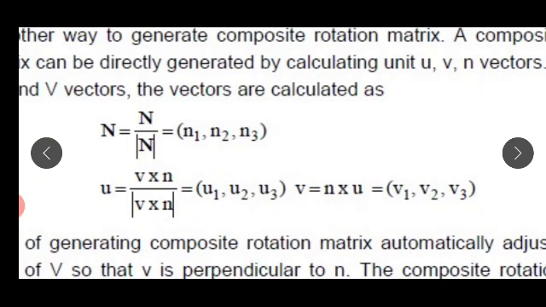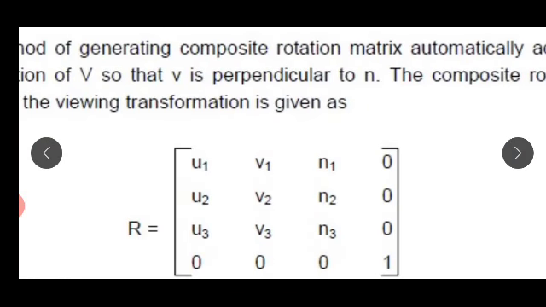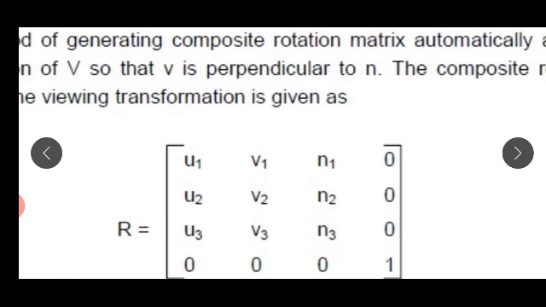Similarly, u is equal to v cross n divided by the magnitude of v cross n, which is u1, u2, u3, where u1, u2, u3 correspond to the rotation at the x, y and z axes. Then you can treat v as v1, v2, v3, and the same rotation matrix we can obtain here: u1 v1 n1 0, u2 v2 n2 0, u3 v3 n3 0.